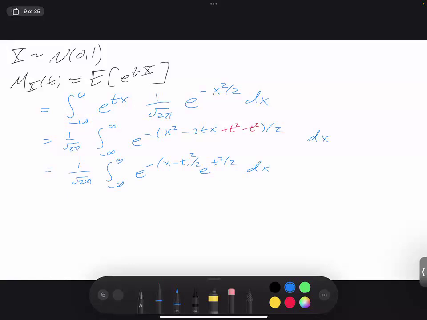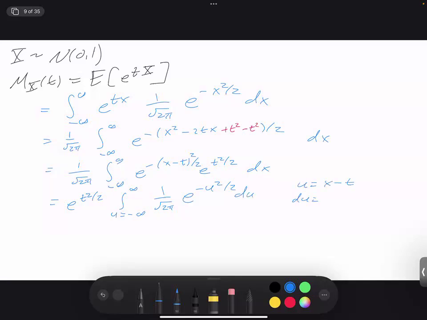I can pull the e to the t squared over 2 out. And then, the integral from minus infinity to infinity, let's do u goes from minus infinity to infinity, 1 over square root of 2 pi e to the minus u squared over 2 du, where u is just x minus t.